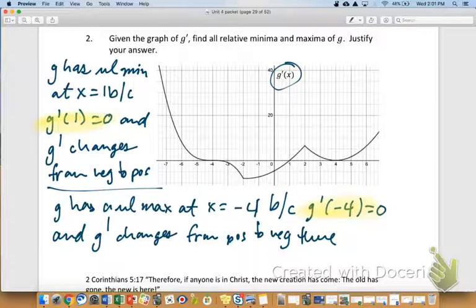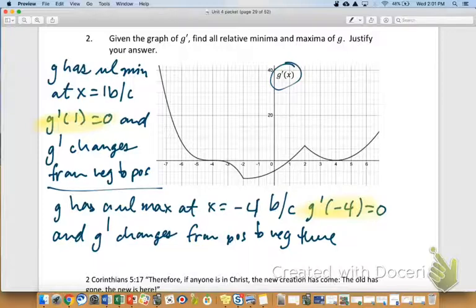Because think about it, if g prime goes from positive to negative, but g is not continuous, couldn't you have one of these? And there's not a relative minimum there, right? So really the requirement for the first derivative test is continuity. That's the condition for it. And we just customarily don't go there.